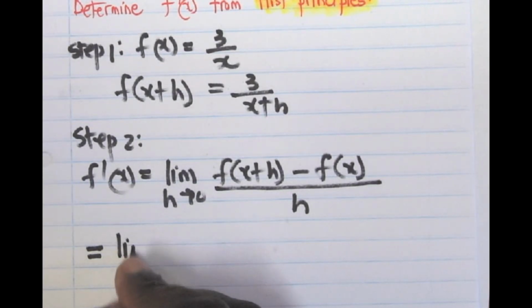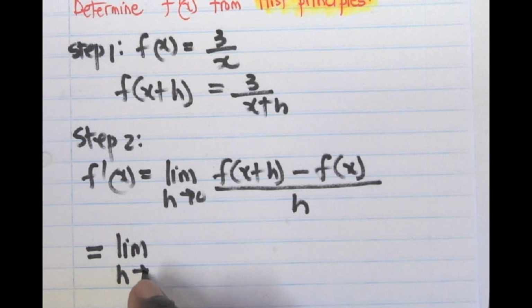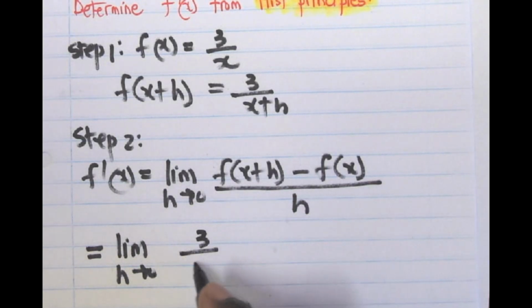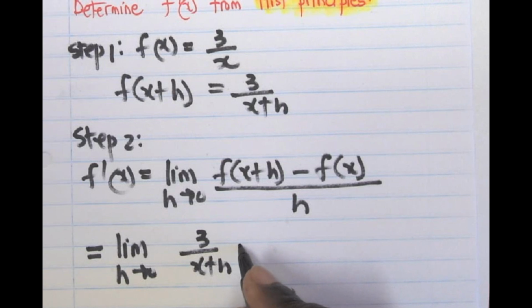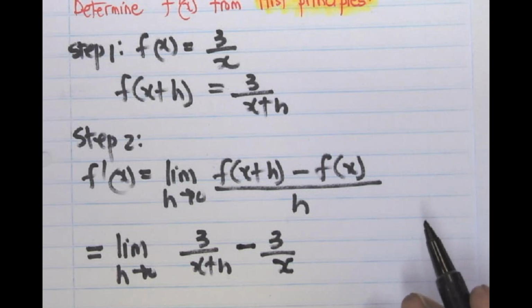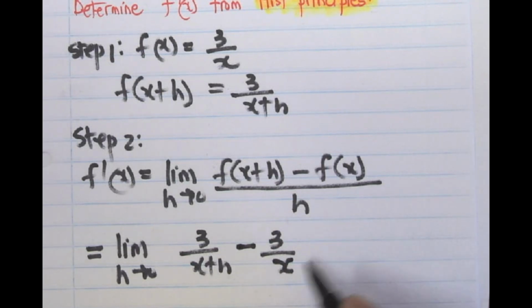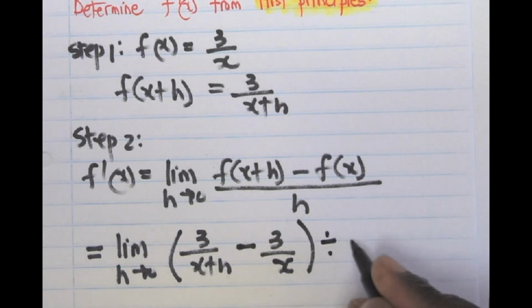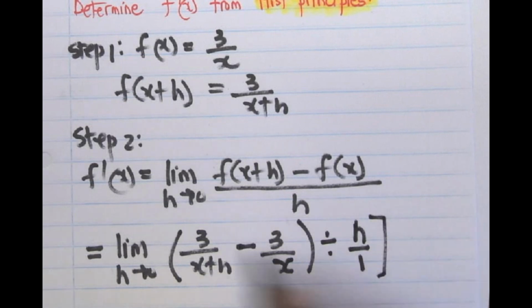Equal to limit as h approaches naught of 3 over x plus h minus 3 over x. But when I reach this stage here, I don't want to put another line here. So I can put a bracket here and say divided by h over 1. Then I can put a square bracket like this.